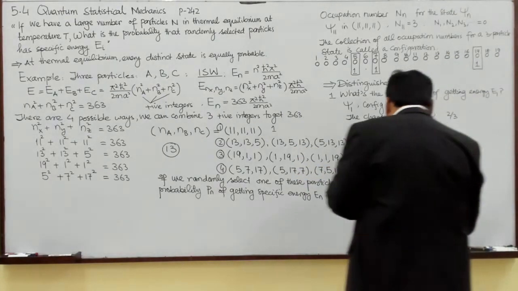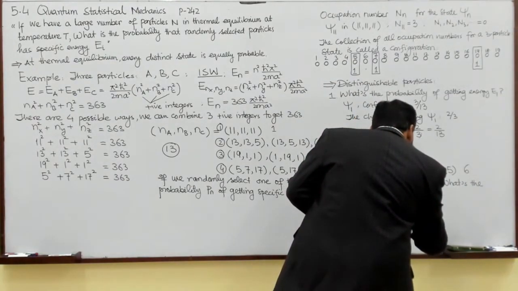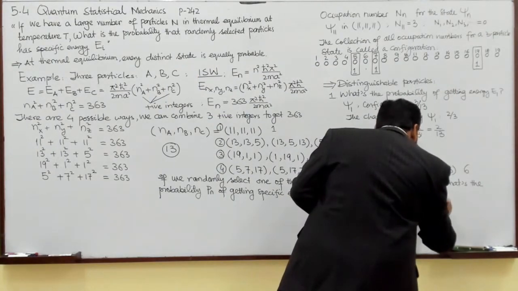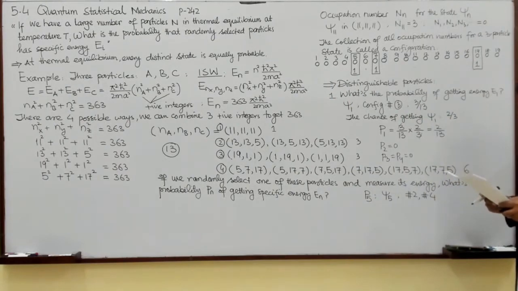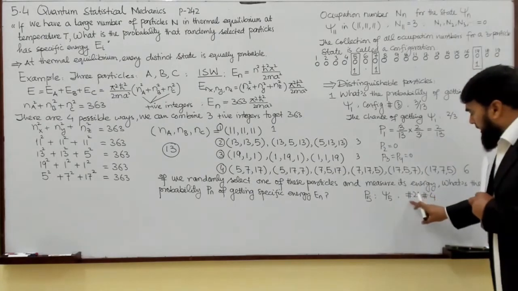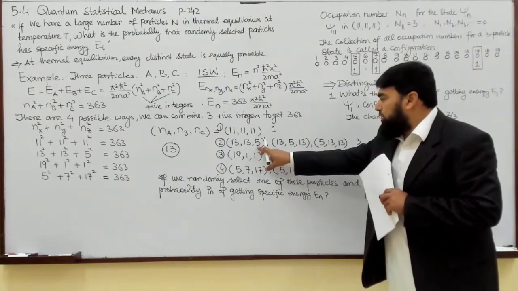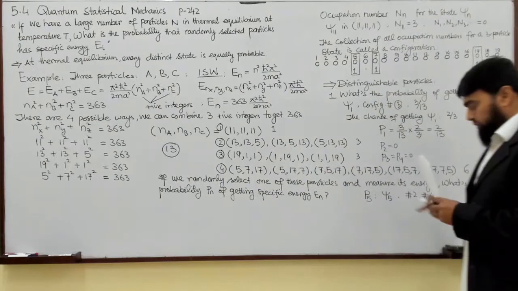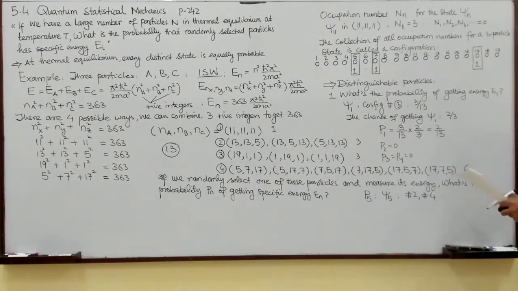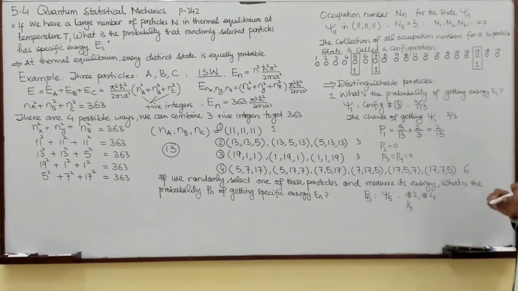So I have configuration number 2 and configuration number 4 here, in which 5 appears. What are their respective probabilities? In configuration number 2 here, it is 1 over 3, 1 over 3.